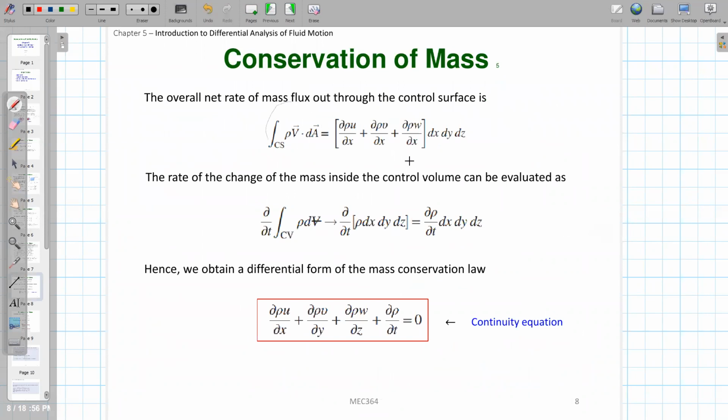So this is what we get for the surface flux. And the change of the overall mass inside this small control volume is given by partial rho partial t, rho dv, right?